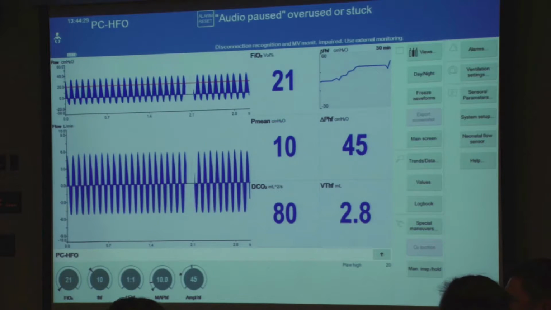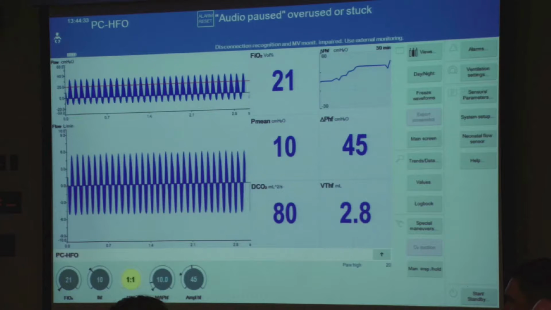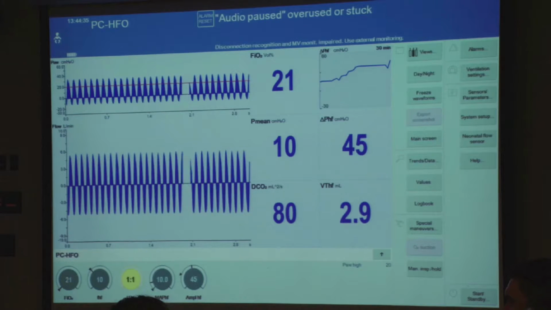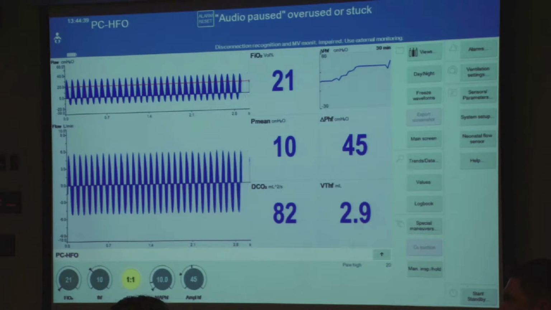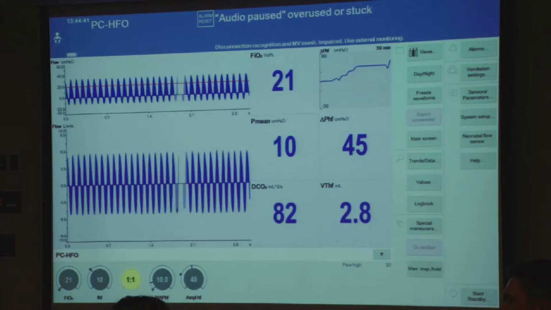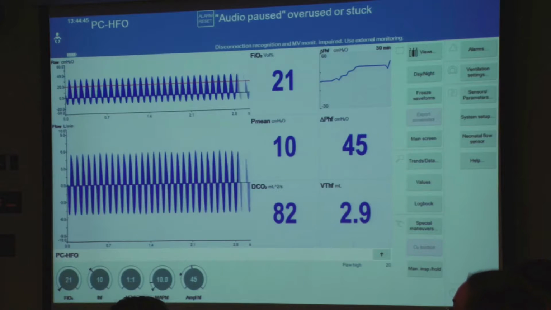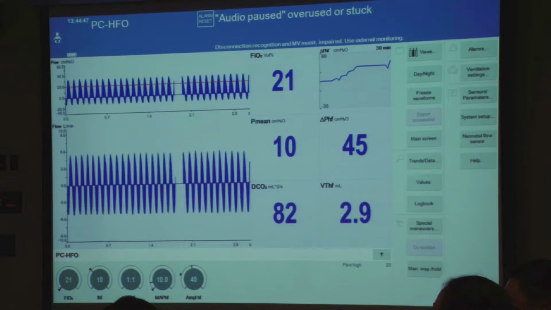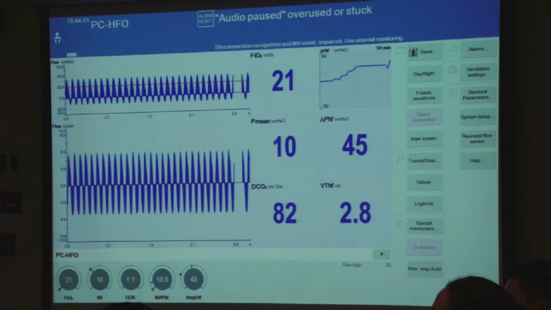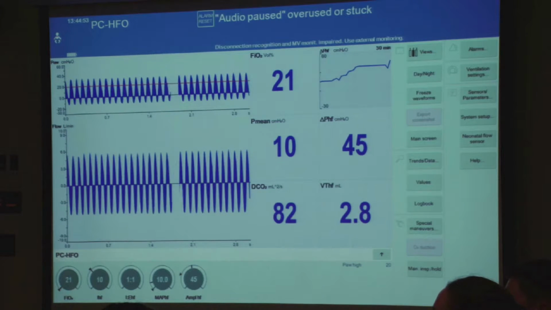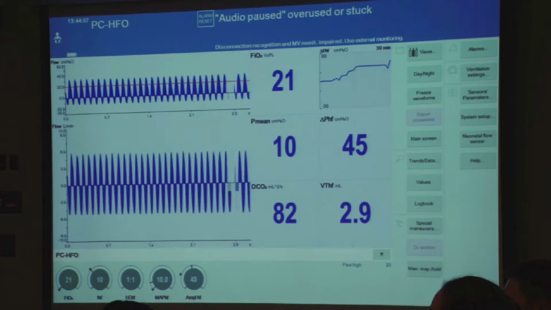Has anyone ever tried a low compliance circuit, like a Tygon tubing circuit? We tend to use a different circuit. We generally use the Fisher and Paykel disposable circuit, and although it's a more compliant circuit, for premature babies they do just fine.